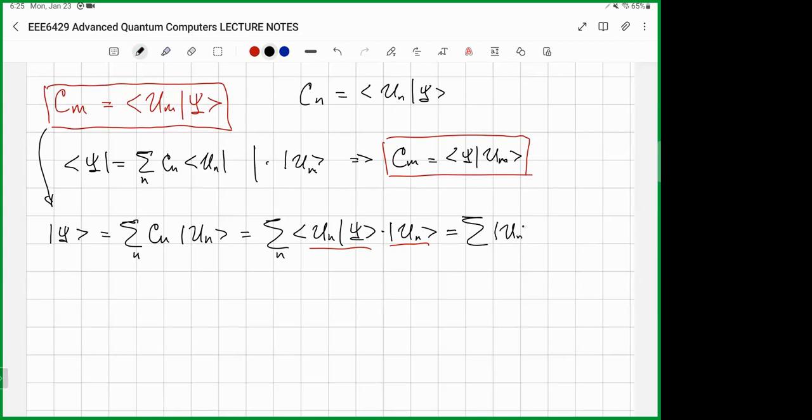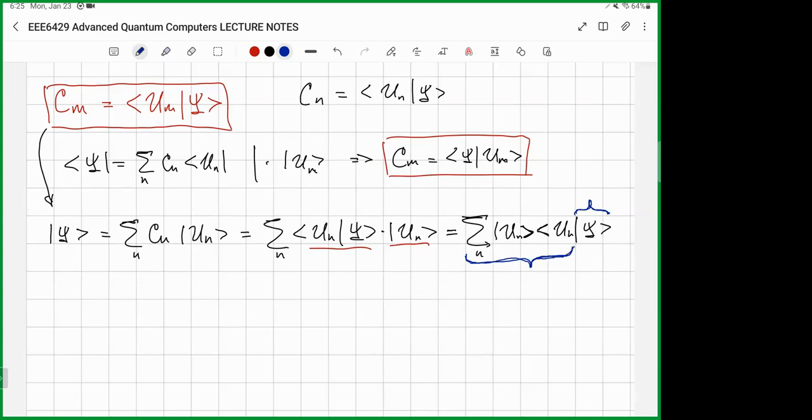I can rewrite this in this form: un vector, and then this un vector bra and psi vector, sum over n. And now here we notice this form: we have this psi vector, and something that acts on this psi vector. So this is some sort of an operator.